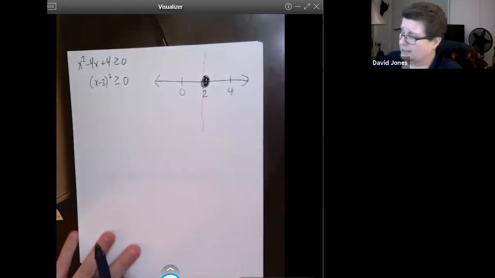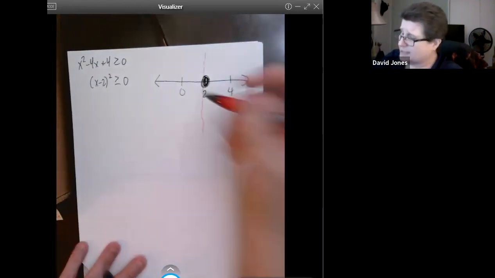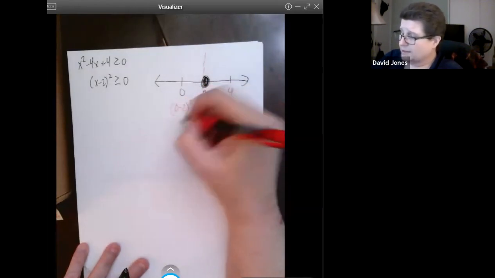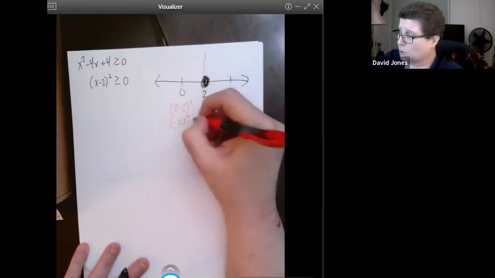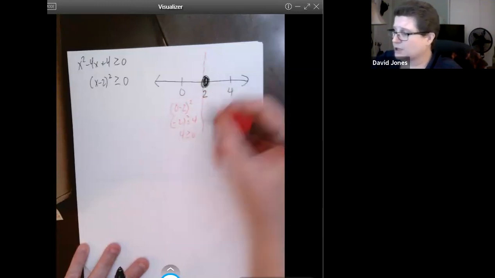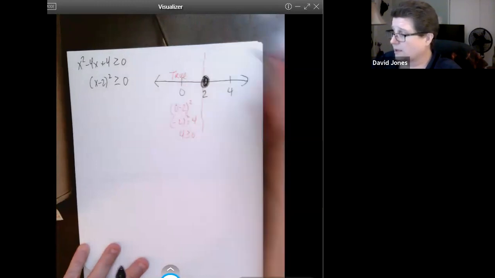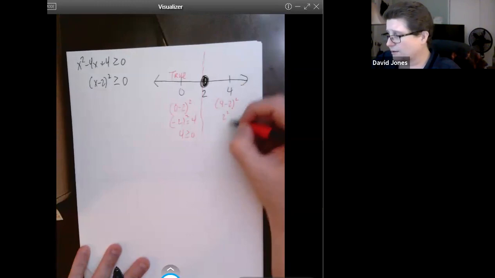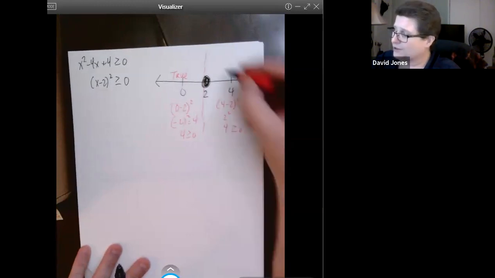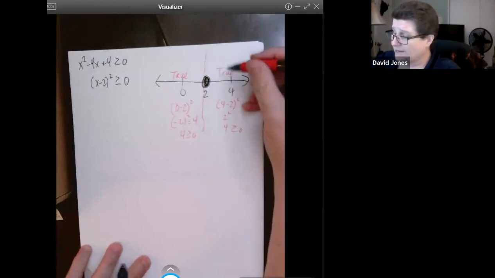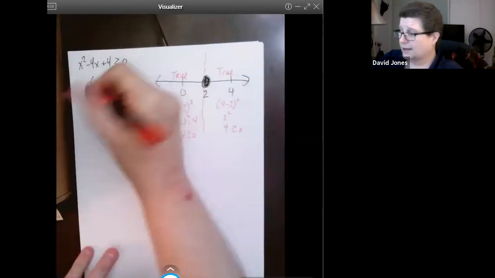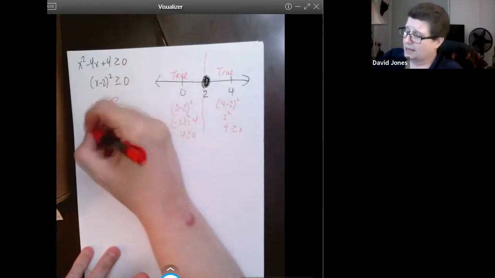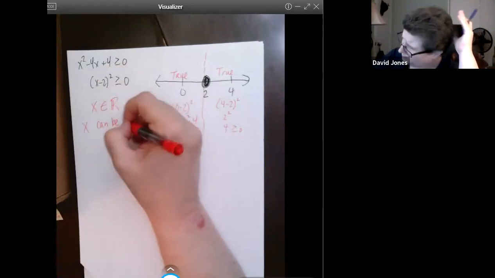I could use any numbers, but 0 is easy to use, 4 is easy to use. 0 minus 2 squared, negative 2 squared equals 4. 4 is greater than or equal to 0, true. 4 minus 2 squared is 2 squared is 4. 4 is greater than 0, true. It even includes the 2. X is all real numbers. X can be any real number.